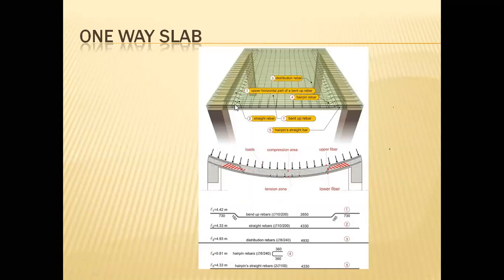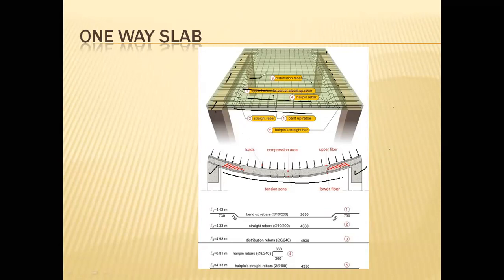See, this is the best example of one-way slab. In this slab, you will see the slab is only supported on two sides, left and right. These are the supporting beams. Now, in this slab, the bending will take place only in this direction.